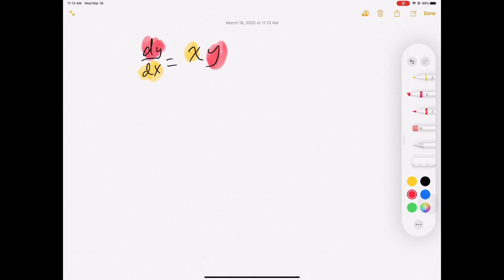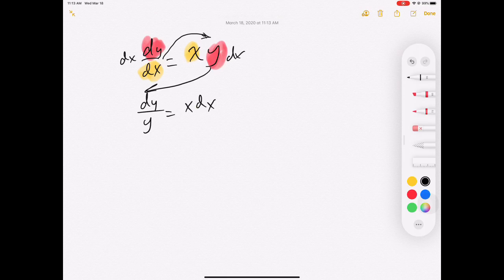So how do I move the y over? How do I move this dx over here? We would divide by y to get to the dy side. That's why it's on the bottom. And the dx, we would multiply dx to both sides, right? And that would become x dx. That's not a problem. That's an easy way.